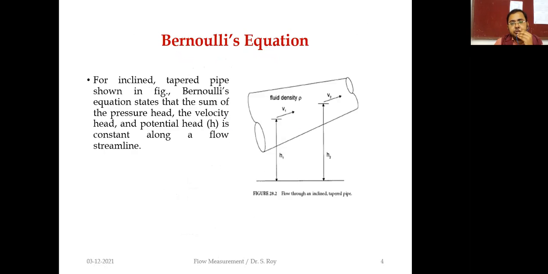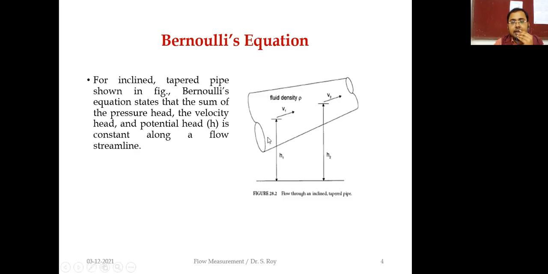Apart from the continuity equation, one more thing we need to know is Bernoulli's equation. What does Bernoulli say? Bernoulli says that for an inclined and tapered tube, and that is important, what does it imply? It has an inclination, that is, an inclined tube. It is not a horizontal tube.